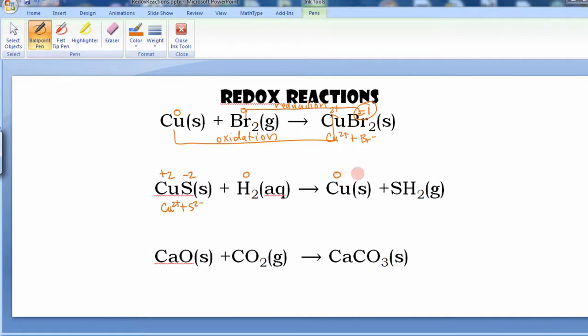Oxidation state is 0. Hydrogen here is +1. We need to solve for sulfur. So we say sulfur plus 2 hydrogens at +1 equals 0. So sulfur is equal to a -2, skipping some steps. So -2 here for sulfur.